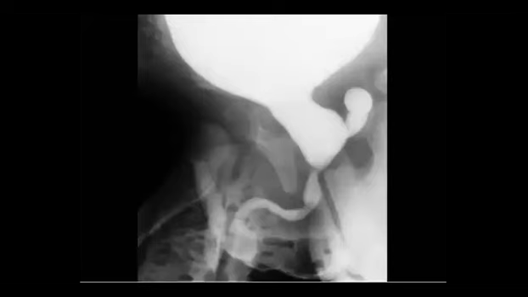And here you can see there is no obstruction of the posterior urethra. It is just dilated, but there is no obstruction here. So large urinary bladder and dilated posterior urethra, and there is even reflux into the prostatic urethra. You see this one?